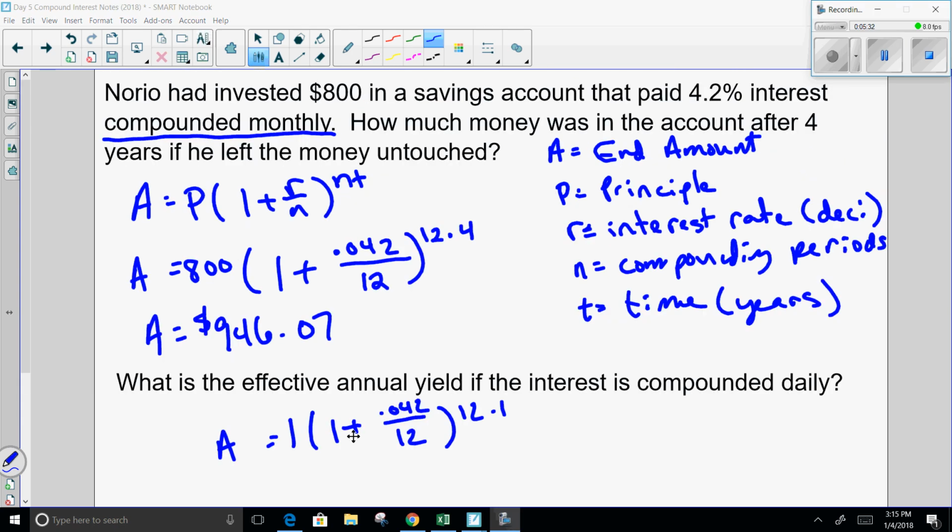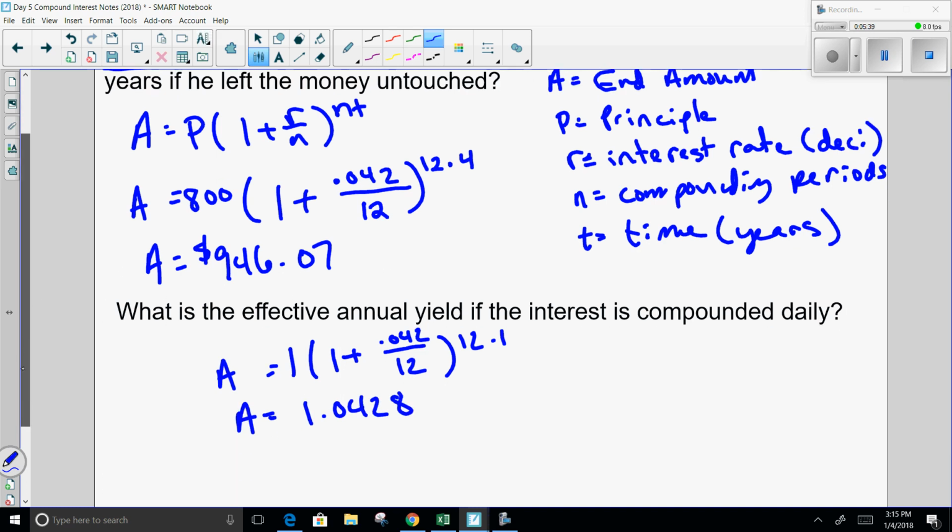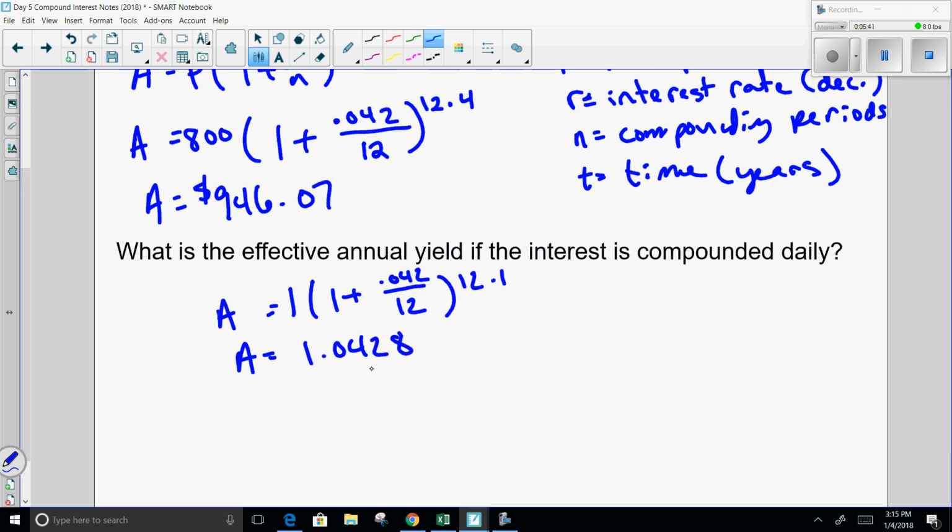So after typing it in, I would get A equals 1.0428. Now, what that means is that's how much money you would have, which means that you've earned 4 pennies and then a fraction of pennies. Well, the effective annual yield is going to be this number minus 1.